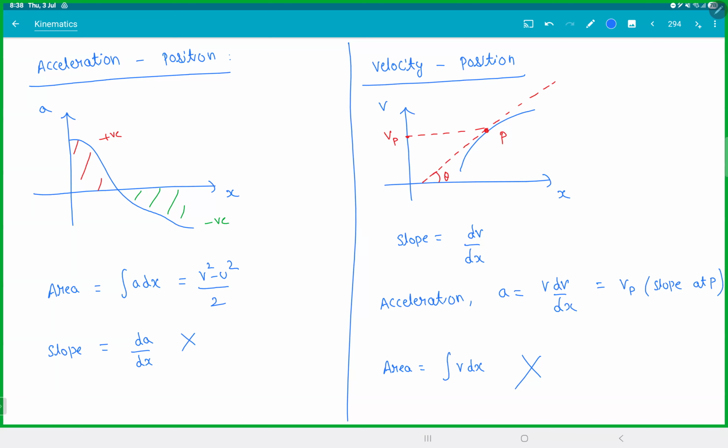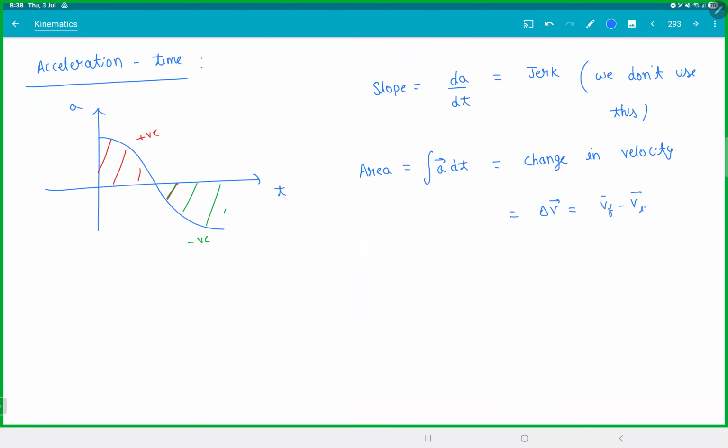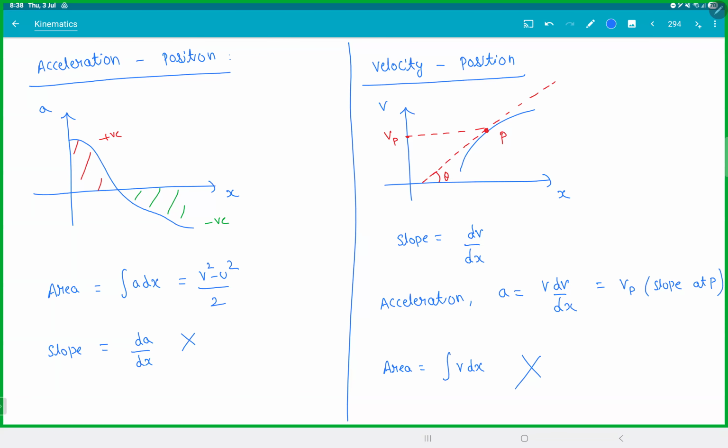Great. Let's see a few questions then. There you can see. So AT graph, area gives you change in velocity. AX graph, area gives you v square minus u square by 2. VX graph, velocity into slope gives you acceleration. Great. Let's see a question.